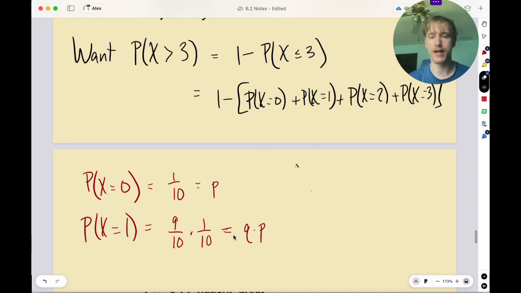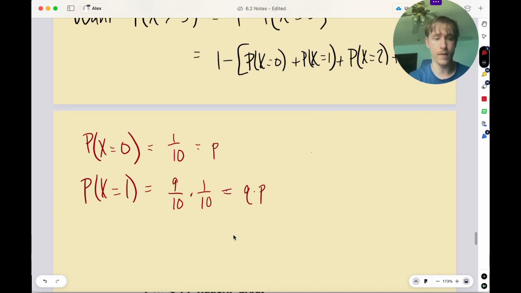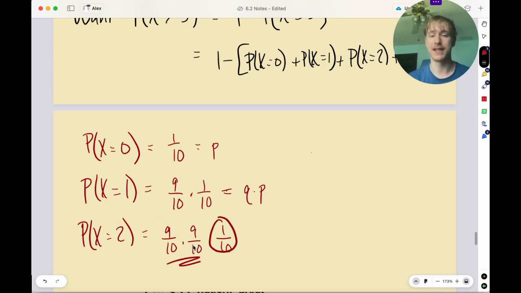Okay, hopefully you're starting to sense a pattern, because the probability that x is equal to 2 means that you have 2 non-zero digits. That's going to be 9/10 times 9/10 times, and then the third one has to be a 0. If this wasn't a 0, that means that it would have to be a non-zero digit, which we can't have.